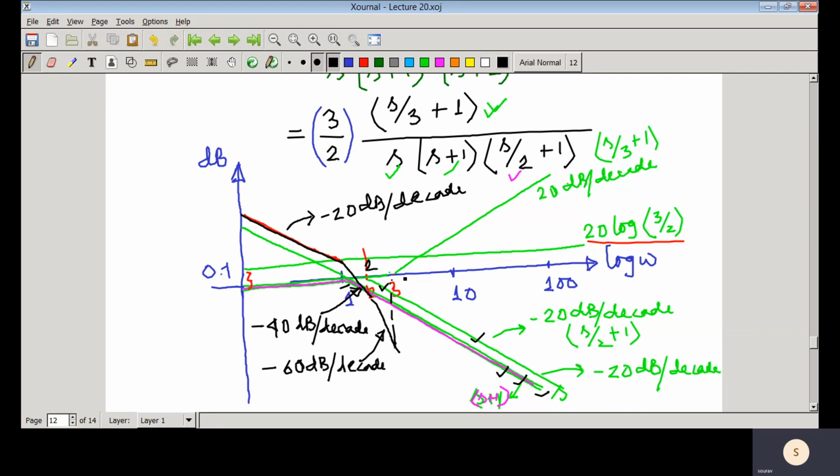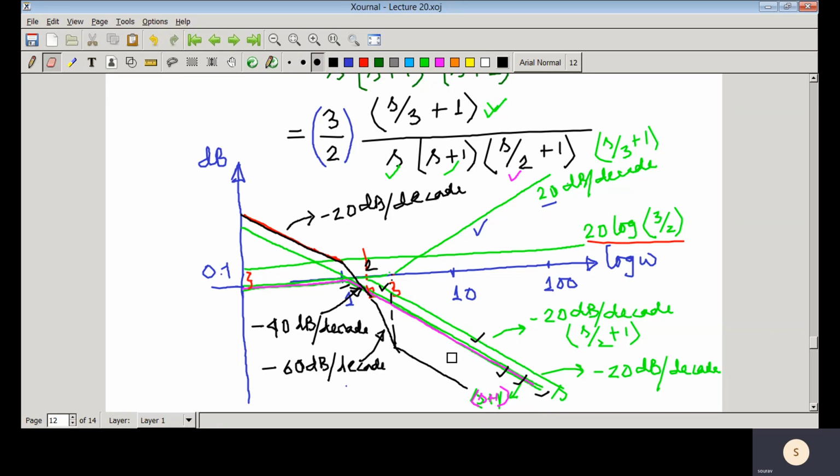And at 3 you can see that there is one asymptote which is with positive, and it is 20 dB. So from -60 plus 20, that means you have -40 dB per decade. So that means from here you have a slope that is say -40 dB per decade.